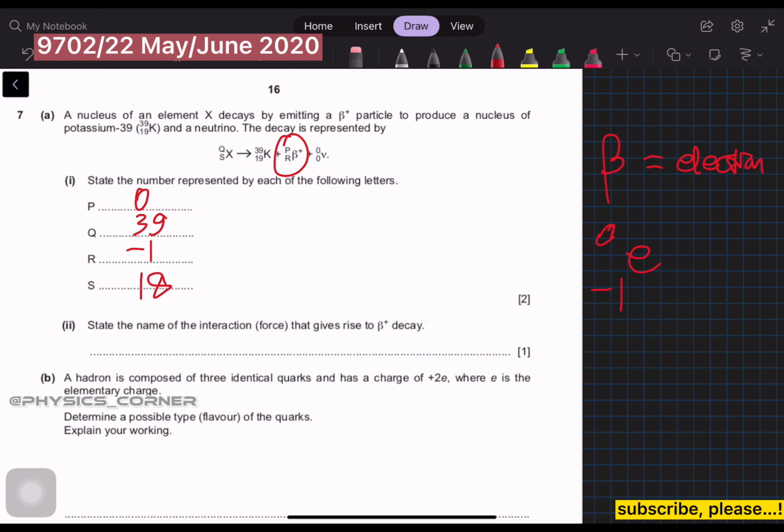Then state the name of the interaction force that gives rise to beta positive decay. This is from 1 to 2, so this is like fission. Fission, oh sorry, fission. That's it.